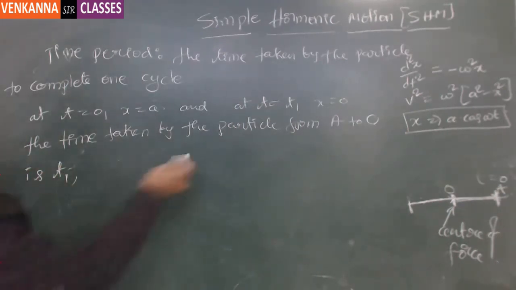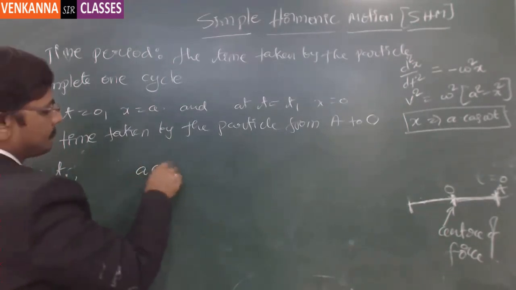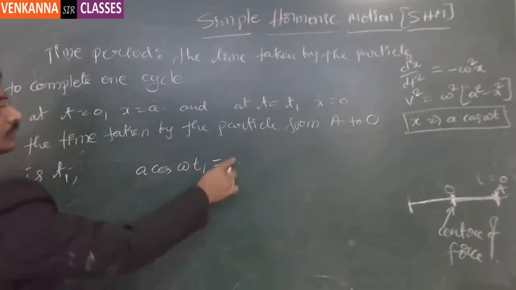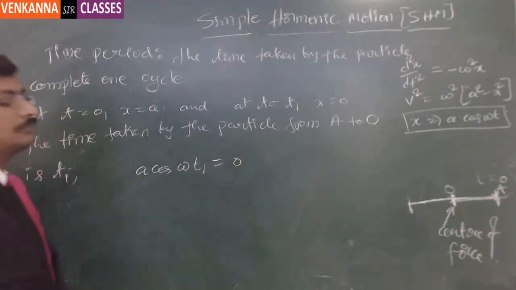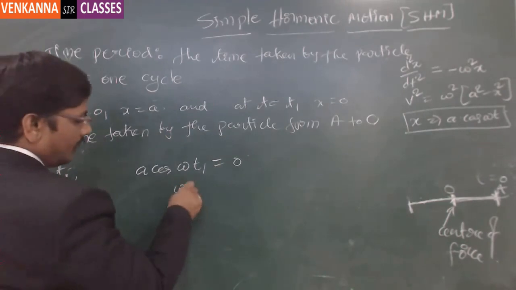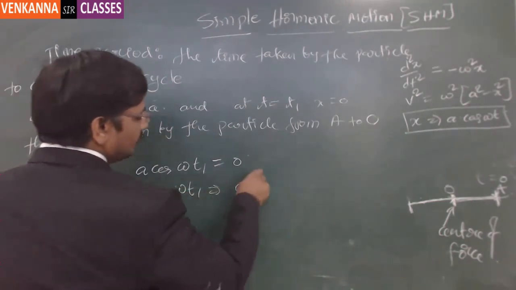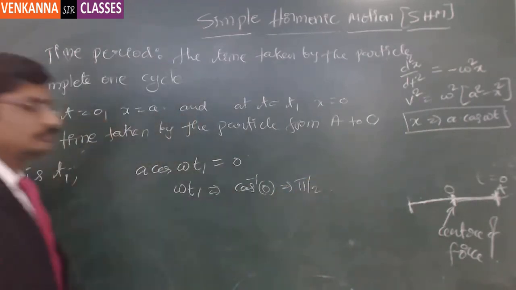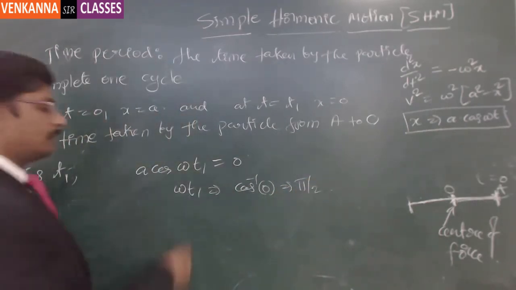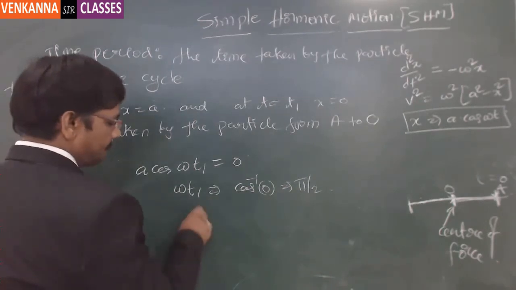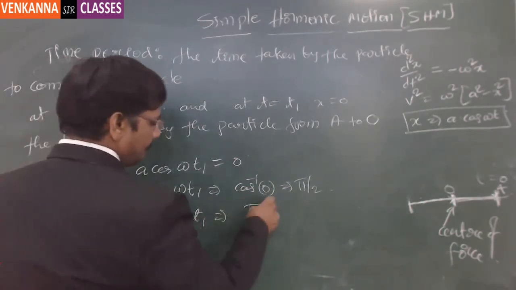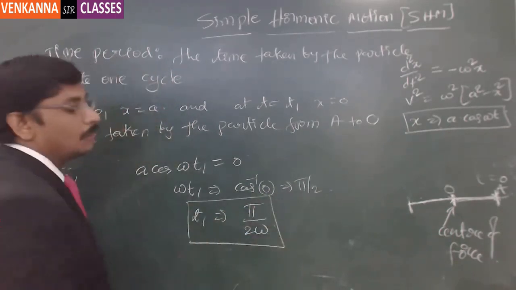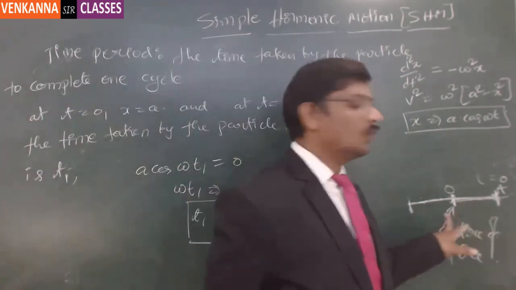So a cos omega t1 is equal to x, which is 0. That means omega t1 equals cos inverse of 0, and this is pi by 2. If this is pi by 2, then t1 is equal to pi by 2 omega, the time taken to come from point A to O.